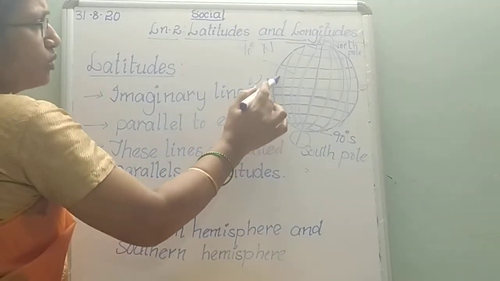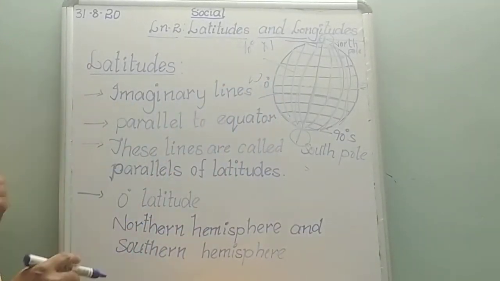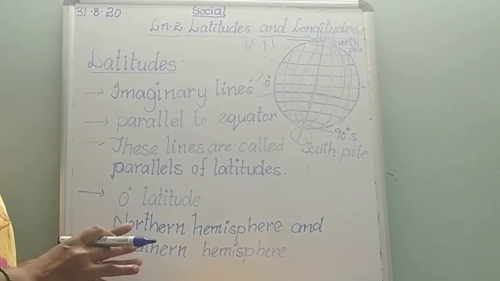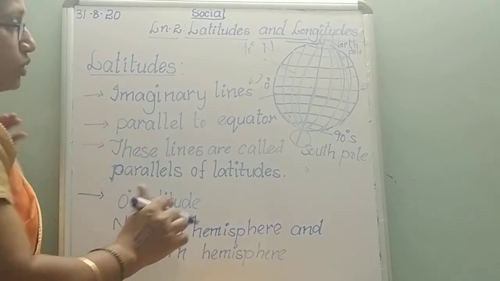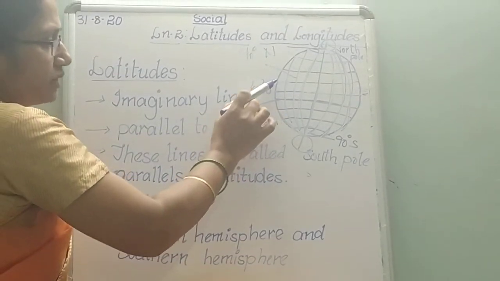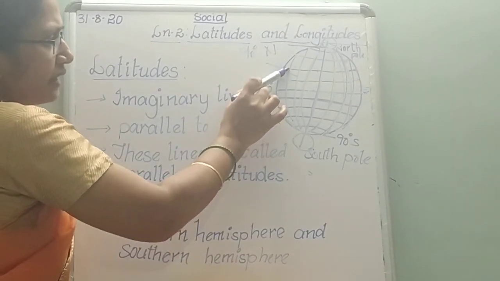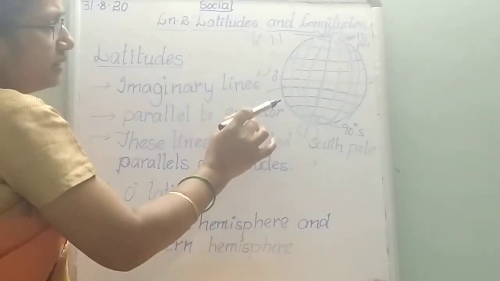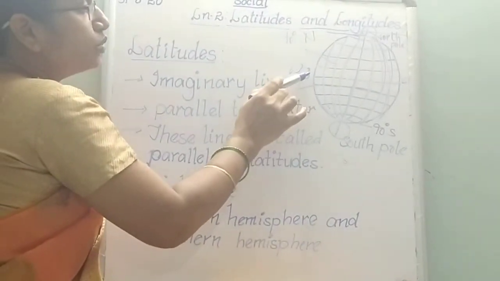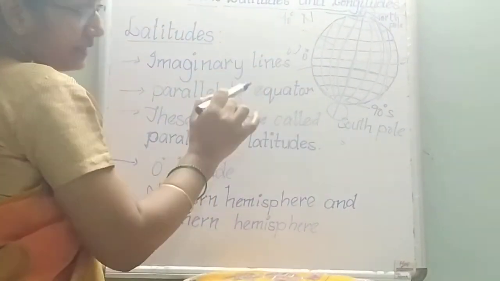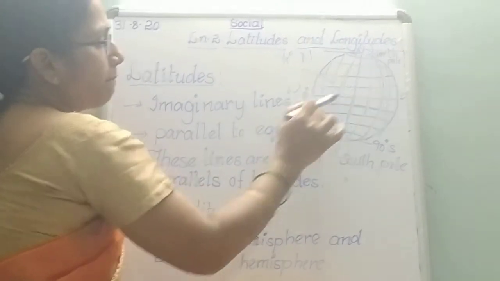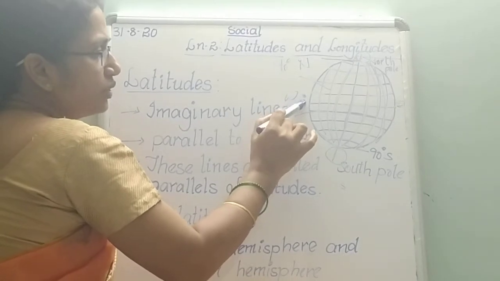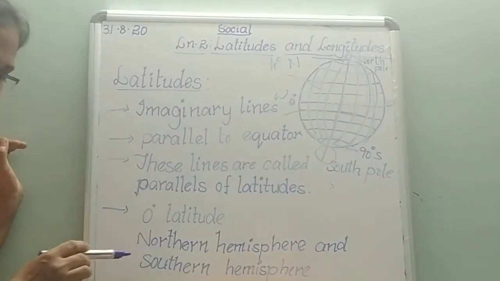These latitudes are imaginary lines. These are not real. The lines which are running here are parallel to this 0-degree latitude.